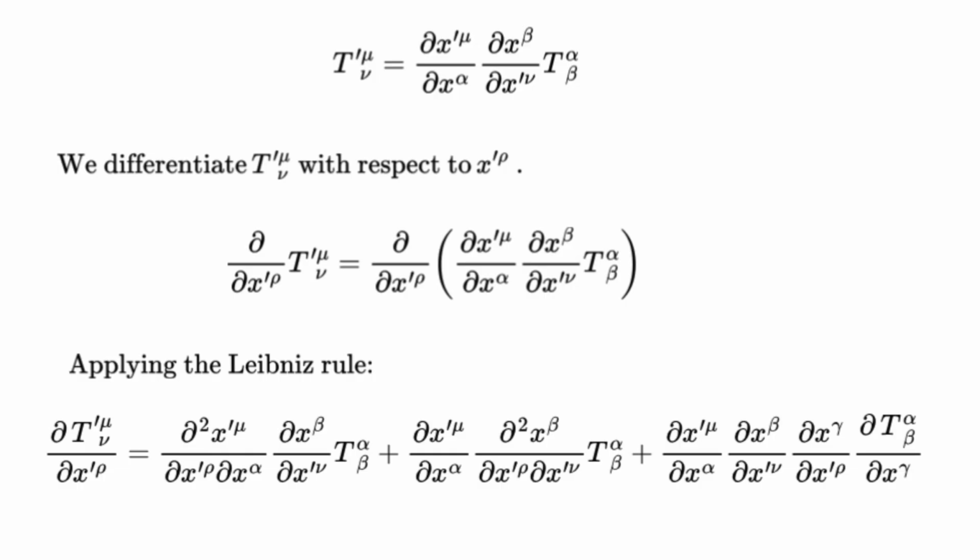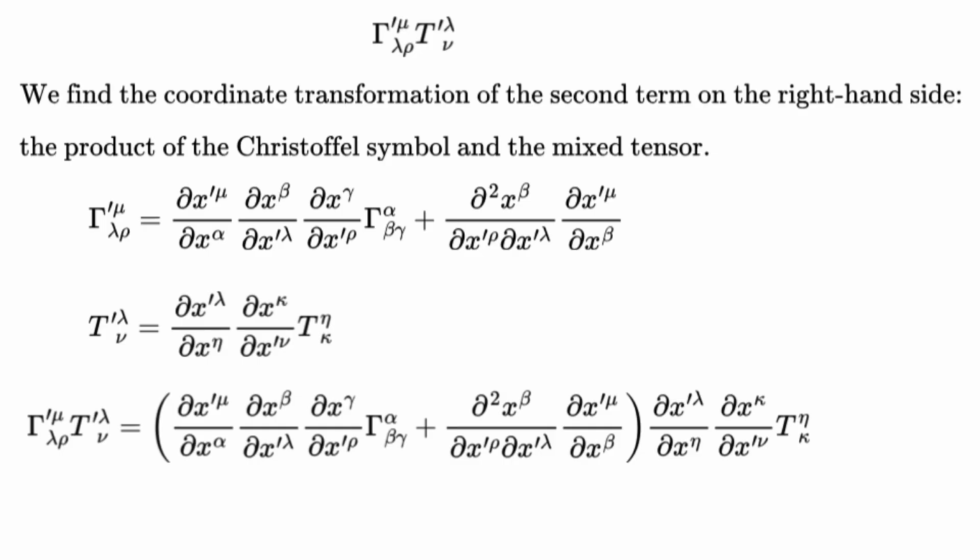We differentiate T prime mu nu with respect to x prime rho. Applying the Leibniz rule. We find the coordinate transformation of the second term on the right-hand side.